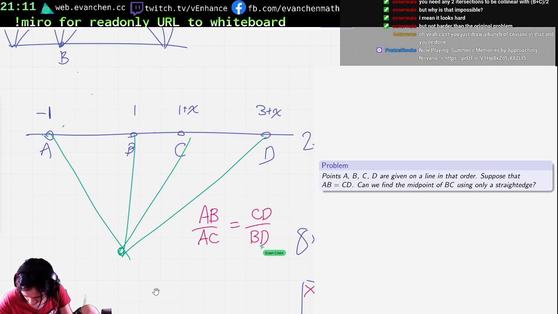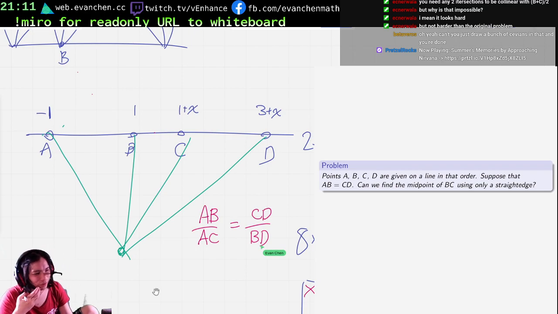Does it? Hang on. What's the cross-ratio? Is this saying the cross-ratio is 1?